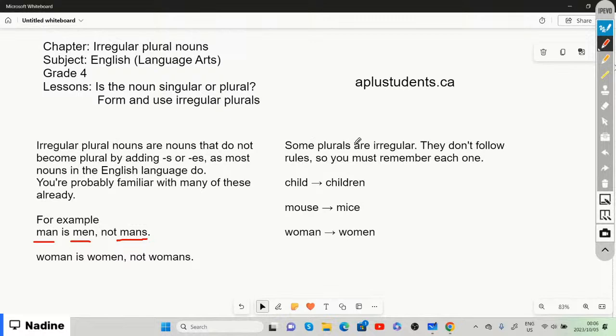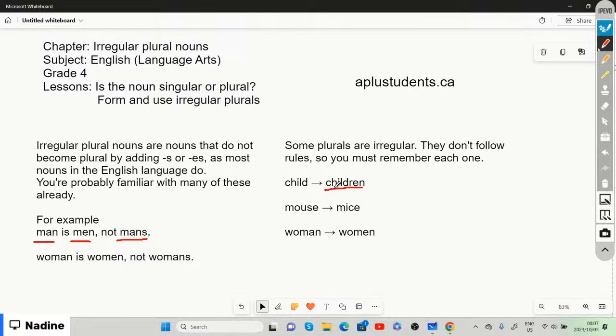Some plurals are irregular. They're not regular, we don't just add an S or an ES, and they don't follow rules, so you need to remember each one. For example, one child. The child is playing the piano. The child plays the piano. But if we are mentioning more than one child, then we say children.